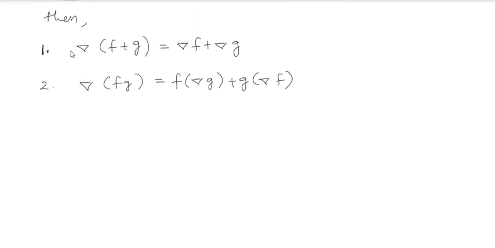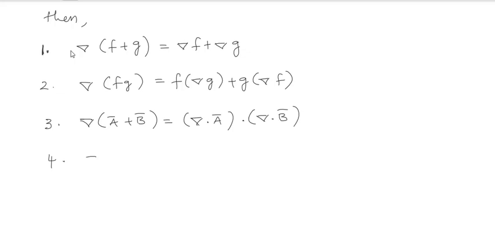Yeah. Next, third one, del of a bar plus b bar. These are all scalars and vectors. So which is del dot a bar plus del dot b bar.